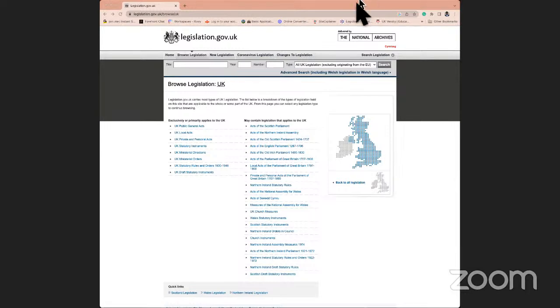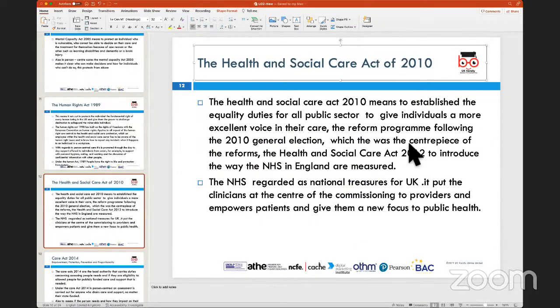Now, the Health and Social Care Act of 2010 and 2012 also created a specific role for the Care Quality Commission, CQC. They enhanced the role of CQC as an independent regulator to check health and social care providers, to ensure that they are regularly inspected and are meeting the guidelines required of them.